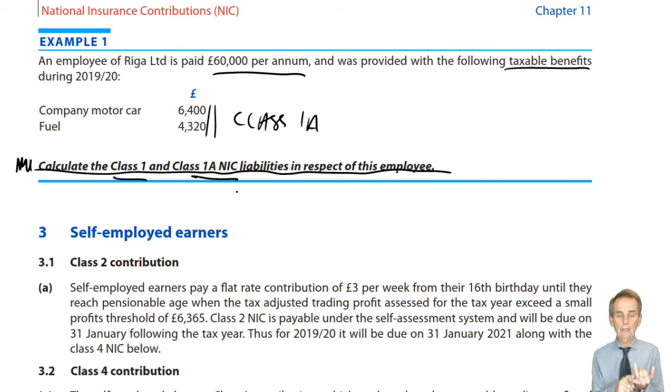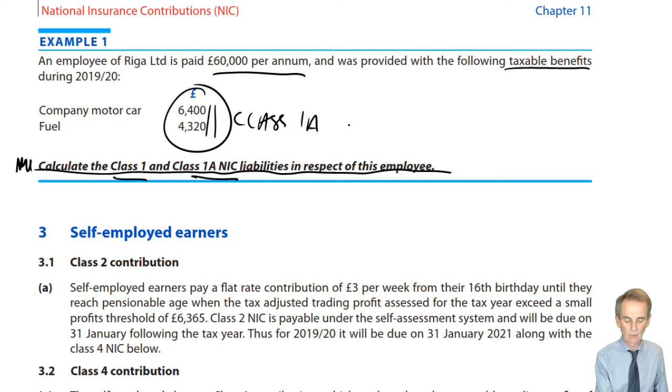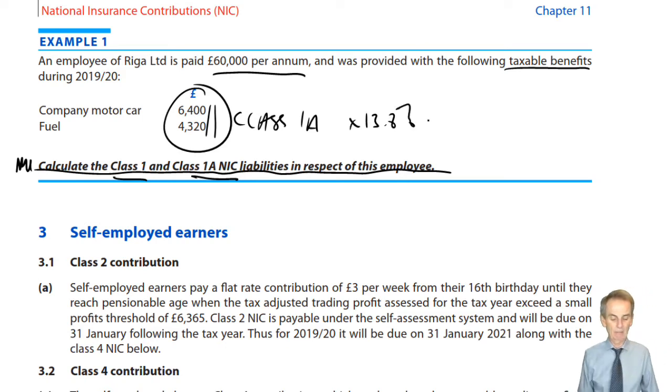Class 1 employee, Class 1 employer, Class 1A NICs. The Class 1A will be simple enough. There are the taxable benefits times 13.8%. In relation to the employee, Class 1, 60,000 per annum, so up to 8632, nothing; between 8632 and 50,000, 12%.